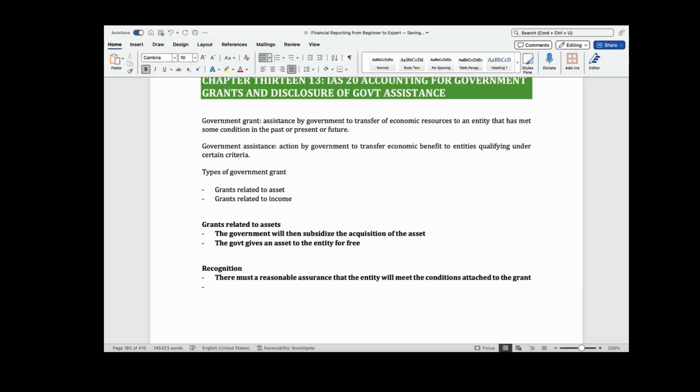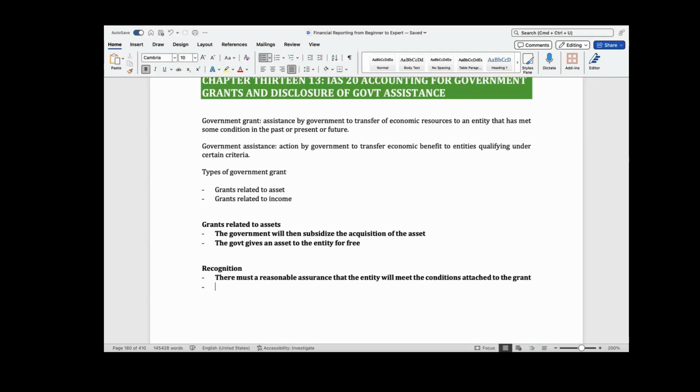If you have met it, then that's fine, but the key recognition criterion is that there is a reasonable assurance that you will meet it.